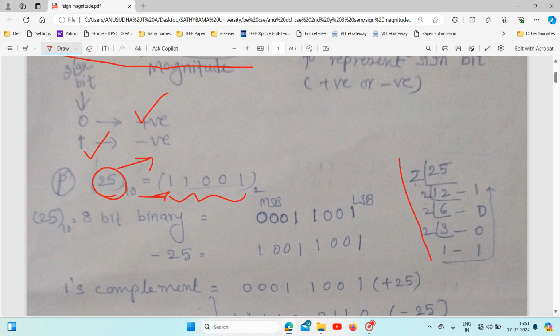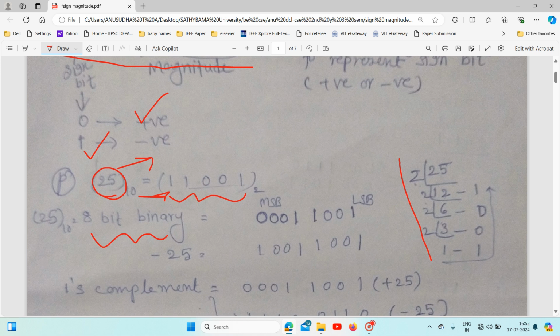As it is an 8-bit binary, we need to represent the number in 8 bits, especially while performing binary arithmetic operations using signed binary number bits. So it should be an 8-bit binary.